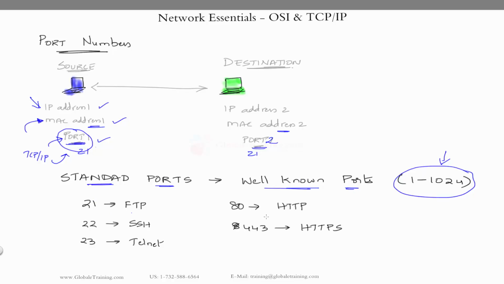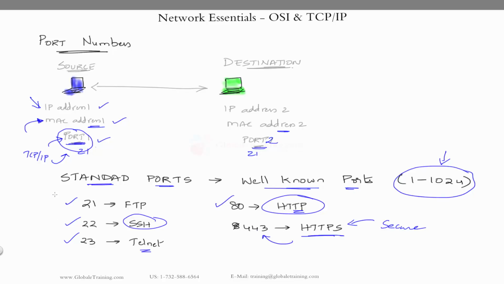These are some of the well-known ports. FTP uses port 21. Secure Shell uses port 22. The Telnet program uses port 23. All your web browsing with HTTP uses port 80. And when you use HTTPS, which is secure web browsing, it uses port 443.